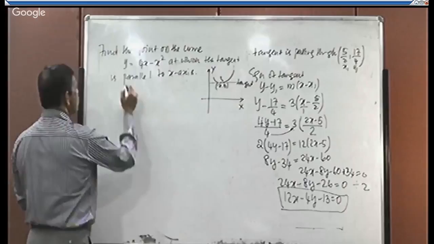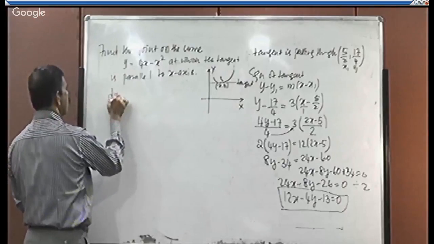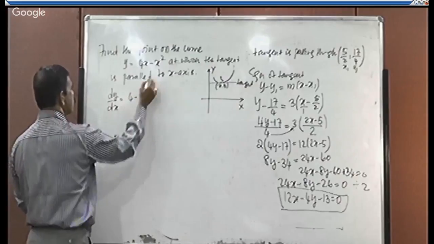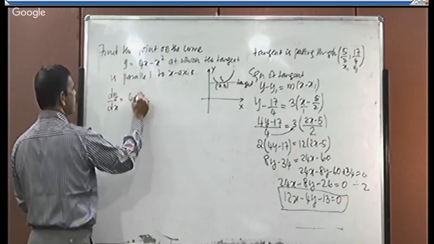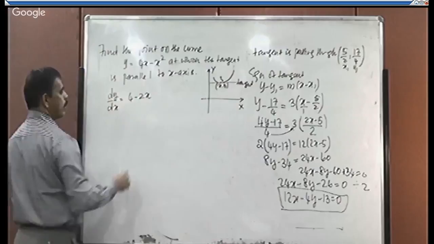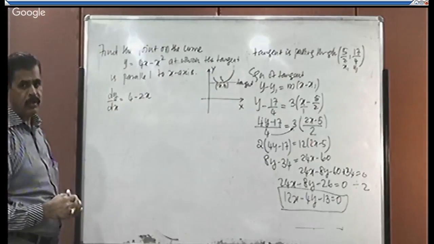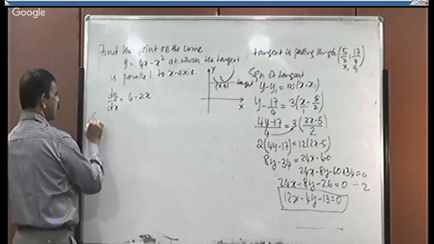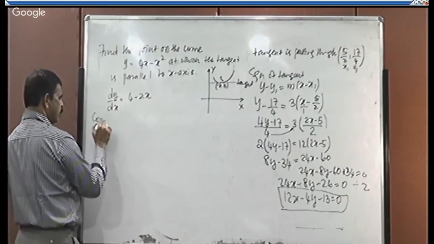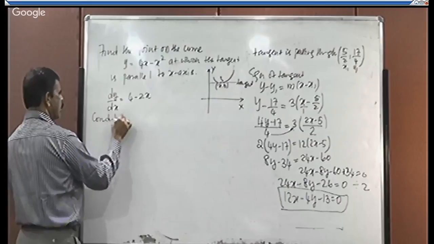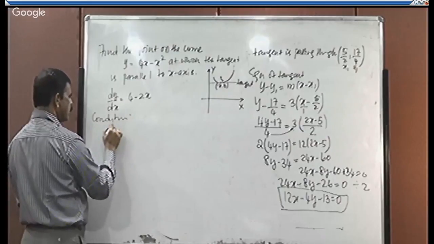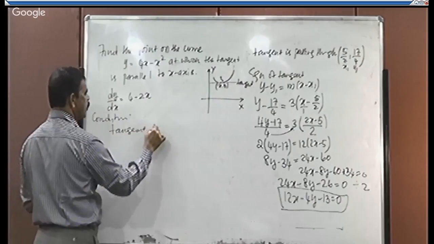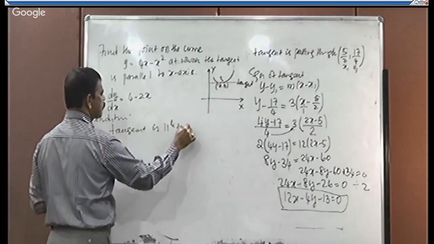First, you do differentiation. For the given y, differentiate it. 4 minus, for x square, it is 2x. Differentiation of x square is 2x. Okay. Take the condition. What is the condition? After differentiation, you take the condition. The tangent is parallel to the x-axis.